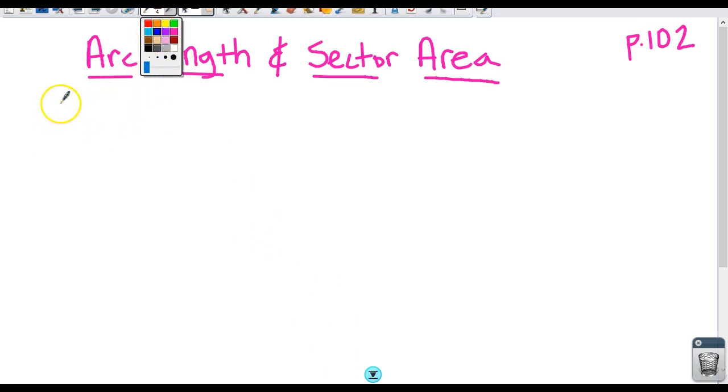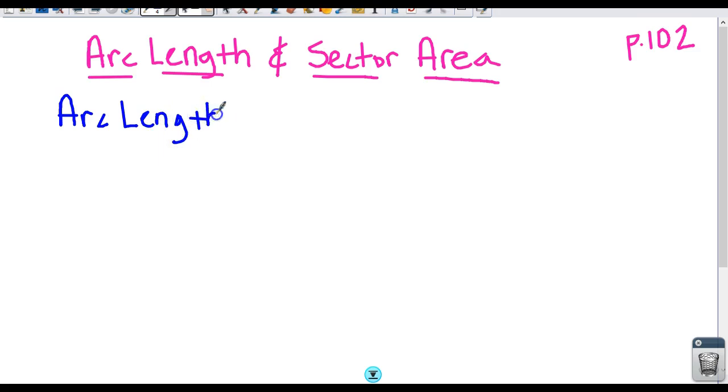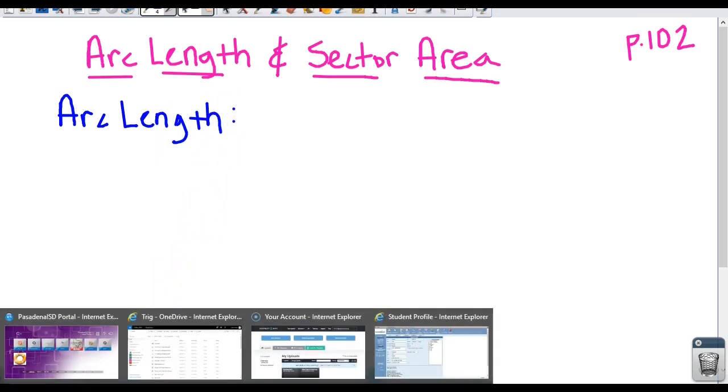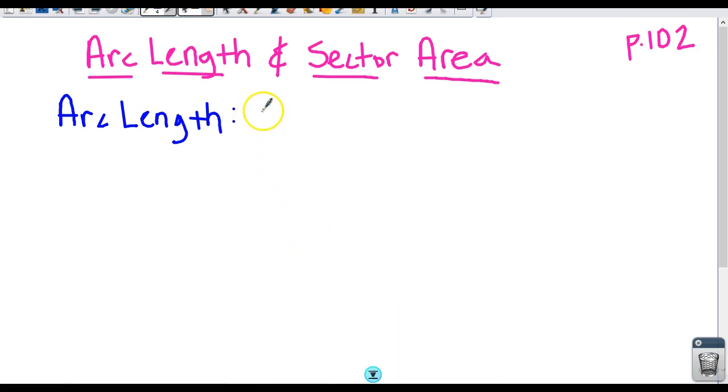So starting with arc length. Oh my goodness, this is going to be interesting. Arc length. The arc length of a circle is just a piece of what? What is the arc length a piece of? Circumference, okay? So this is just a part of the circumference.